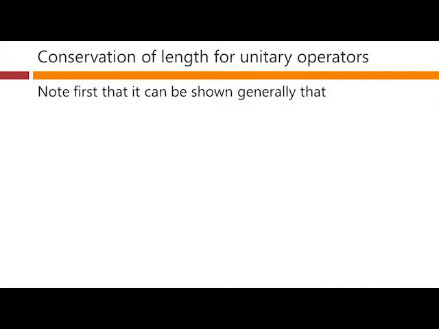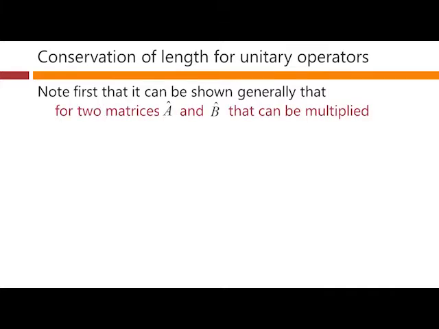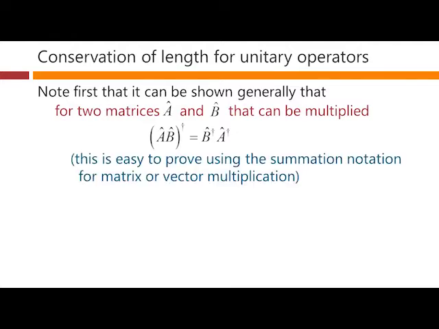Note first that it can be shown generally that for two matrices A and B that can be multiplied, the Hermitian adjoint of the product A times B of the two matrices is the product of the Hermitian adjoints but flipped round. This is easy to prove if you use the summation notation for matrix or vector multiplication.